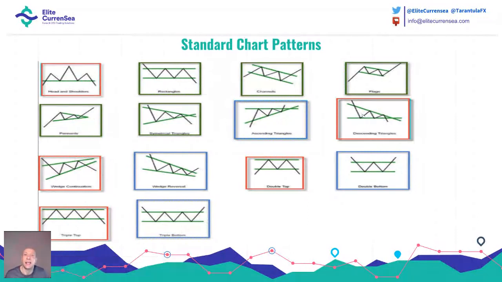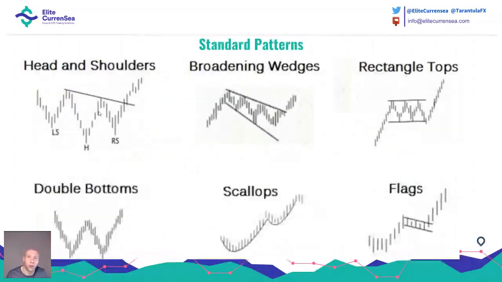Now, standard patterns will appear usually in the form of head and shoulders. This is, guys, inverted head and shoulders. So see this, head and shoulders, and inverted. So simply put, head and shoulders and inverted head and shoulders are one of the most common patterns in the forex world. Broadening wedges or megaphone. Also, when you see a broadening wedge or megaphone, do not trade it.